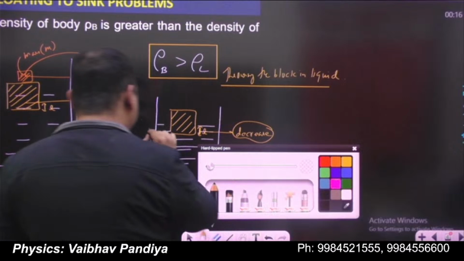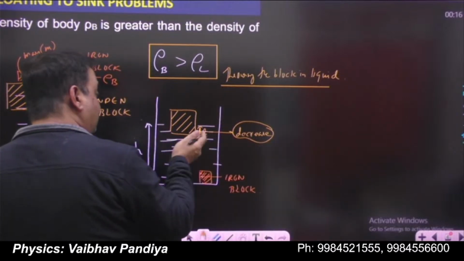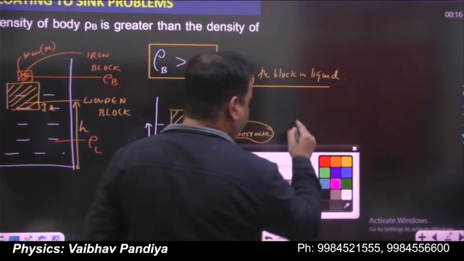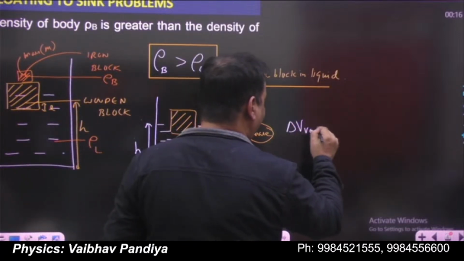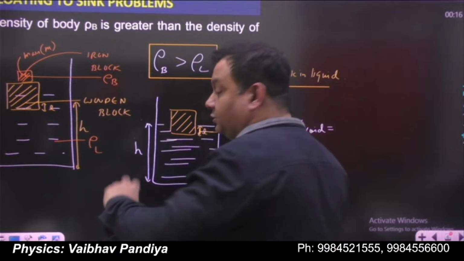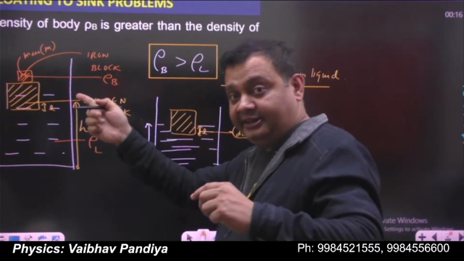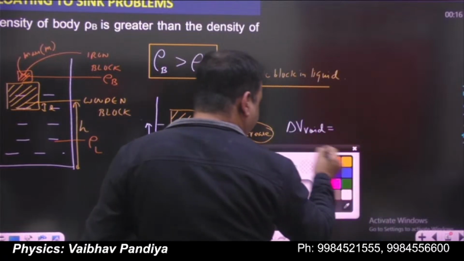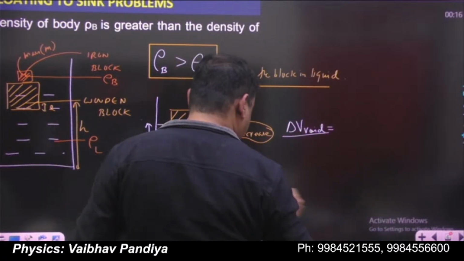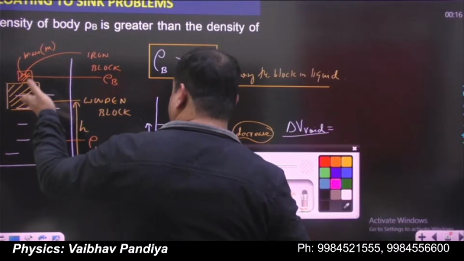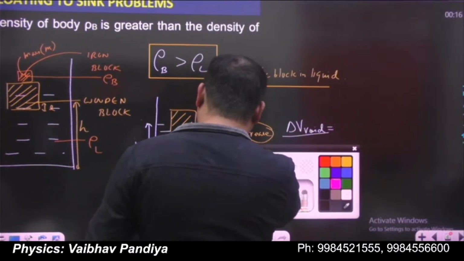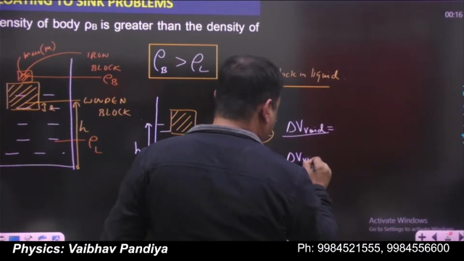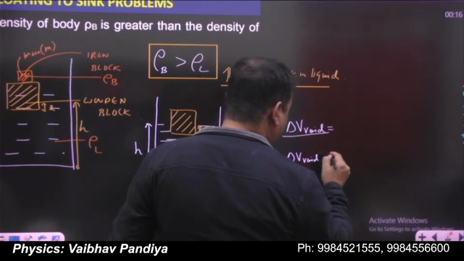Now we will again analyze the two things. We'll find the volume which is getting free by the uplifting of the iron block, that is delta V void, and this will correspond to the upthrust which was balancing simply the weight of the iron block, as we did in the previous problem. For finding this volume, actually this volume was earlier being occupied by both wood and iron. Now wood is still there, so only that much volume will get free which was being occupied by the iron block.